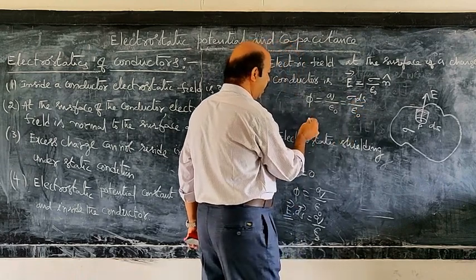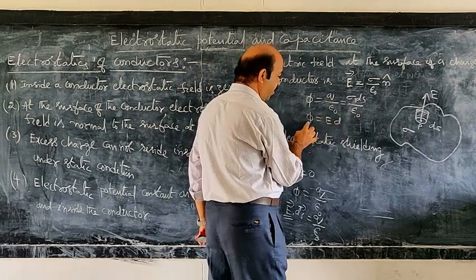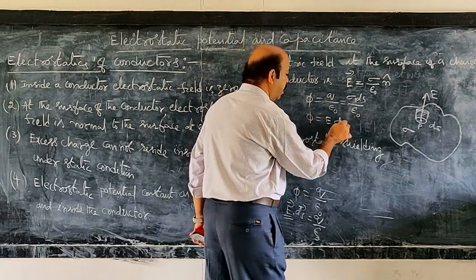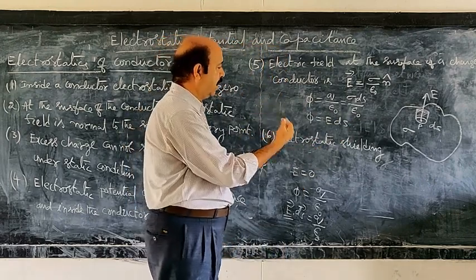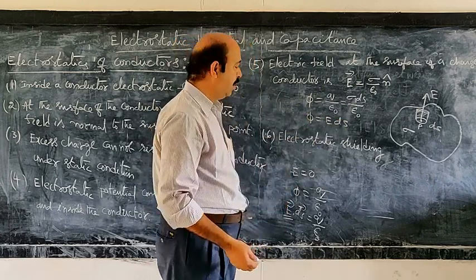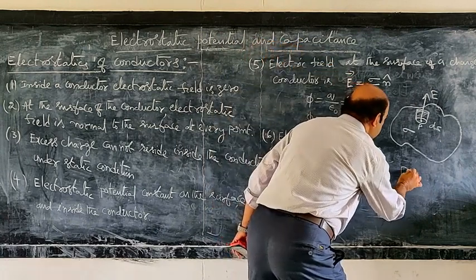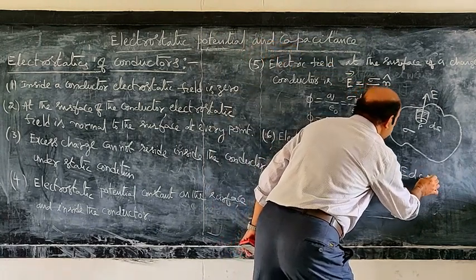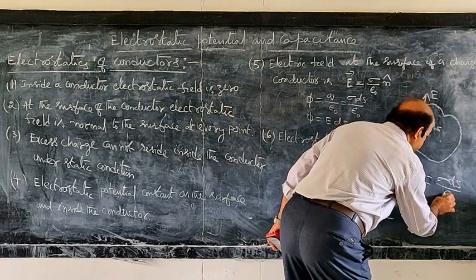But in terms of electric field, the flux is given by E bar dot ds bar. Since the area vector and electric field vector are in the same direction, we can write it directly as E ds. Equating these two, E ds is equal to sigma ds by epsilon naught.